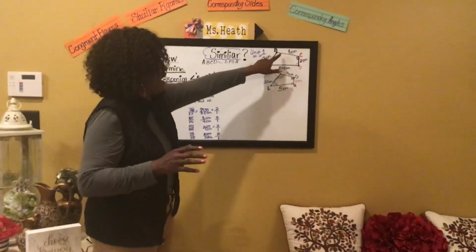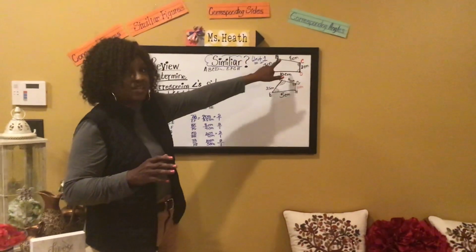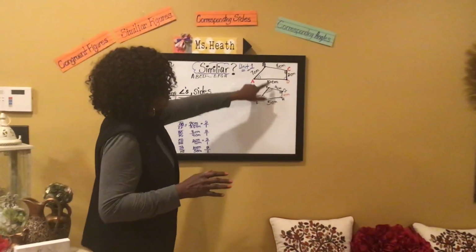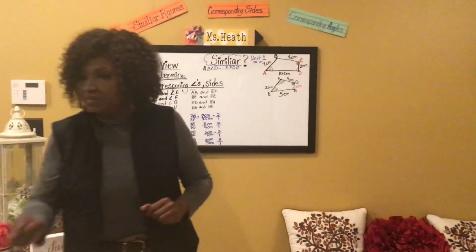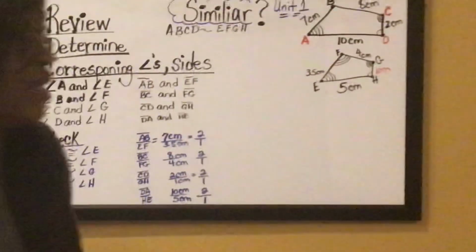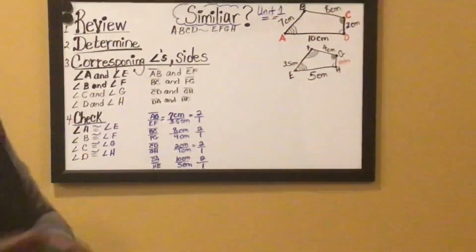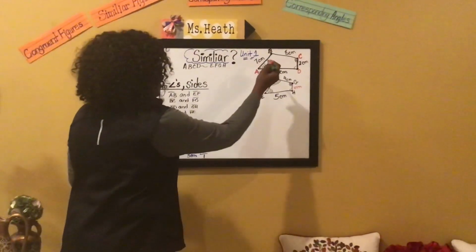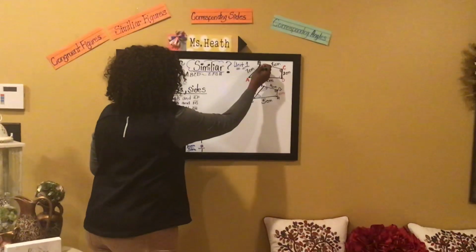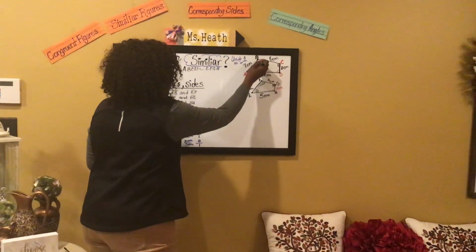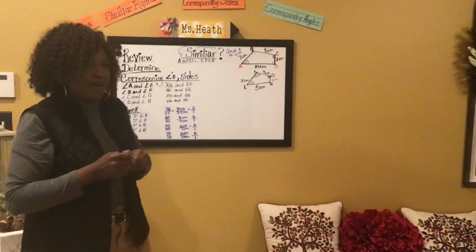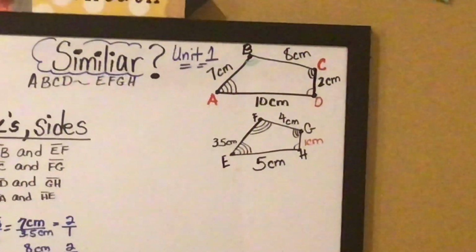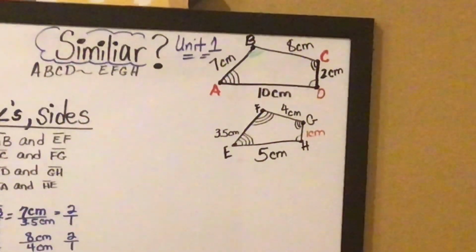I should have put those 3 markings right there. That was a little bit of an error, so I'm going to take my marker and put those 3 there. I hope everybody can see that. Now we see that they both have 3 markings, and it corresponds with angle F.